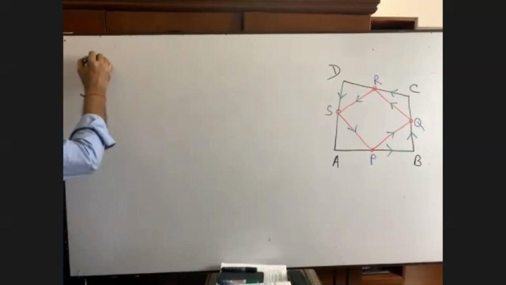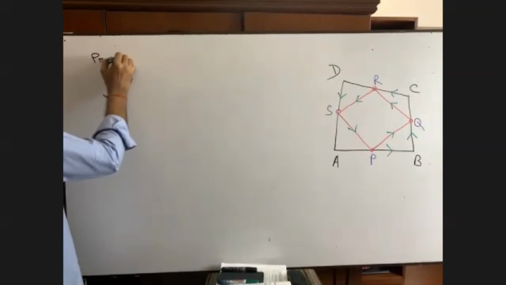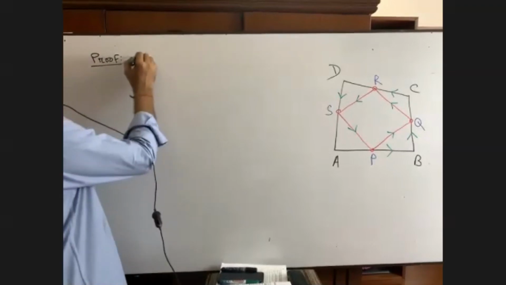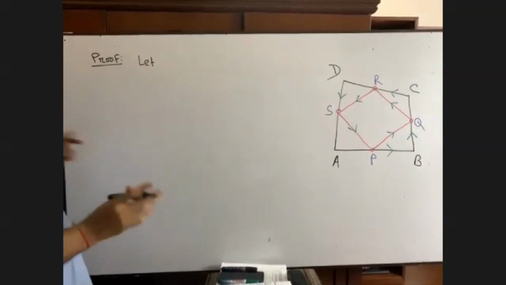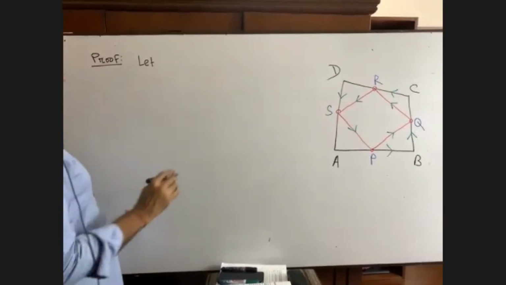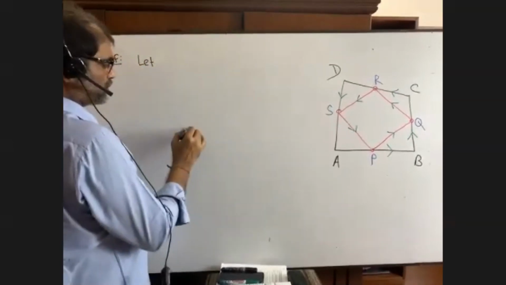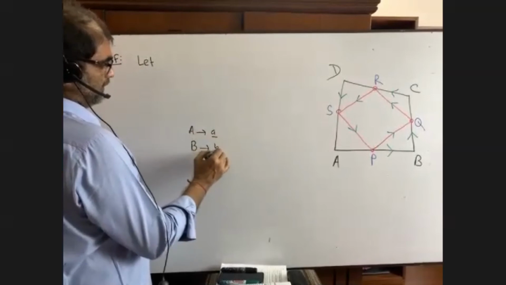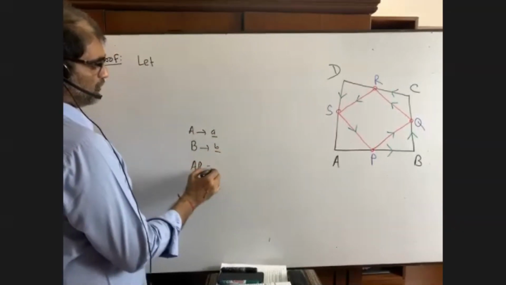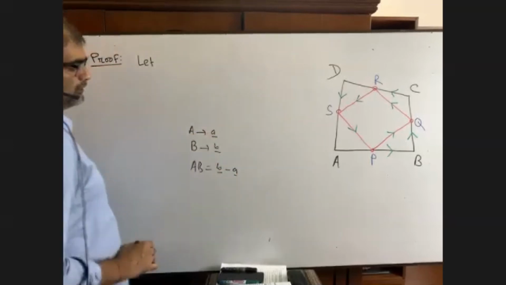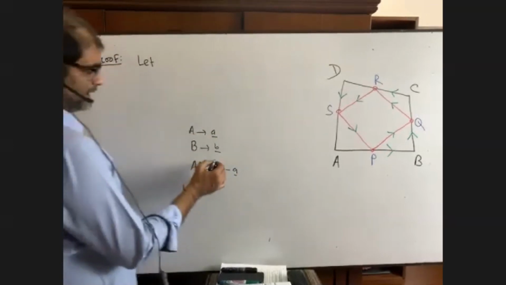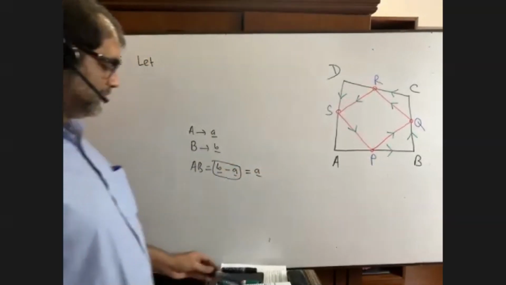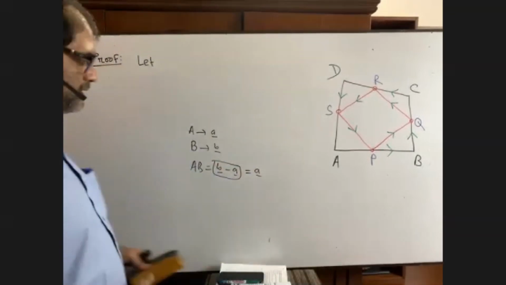Now proof. In this math, same thing, but I'll make it short. Suppose position vector of A is A, position vector of B is B. So we are getting AB equals B minus A, giving you an example. But I am taking this whole thing equals only A. I am not telling about position vectors.